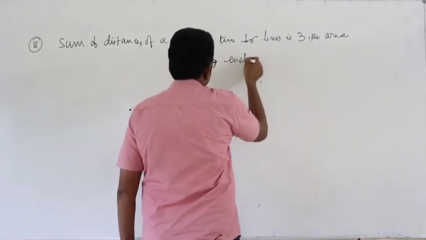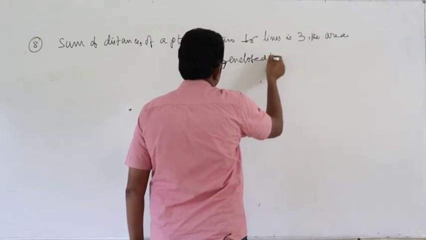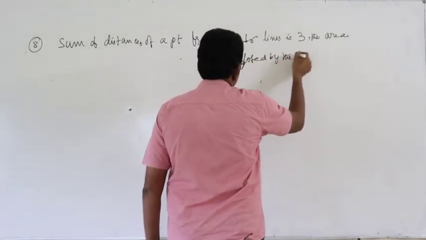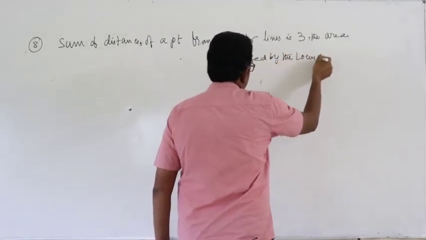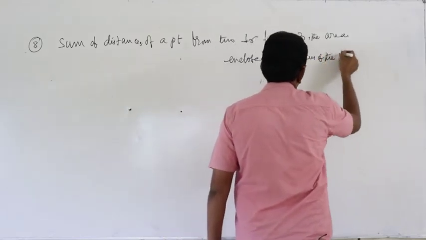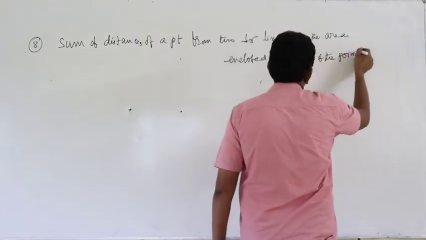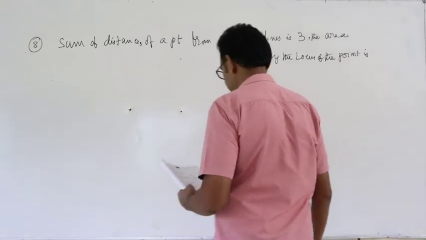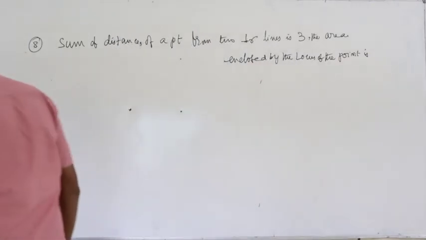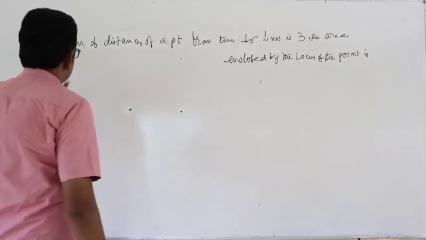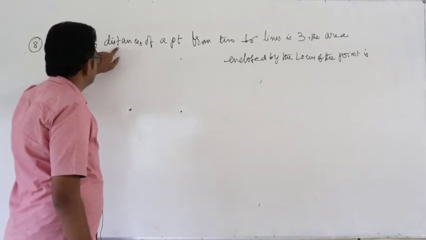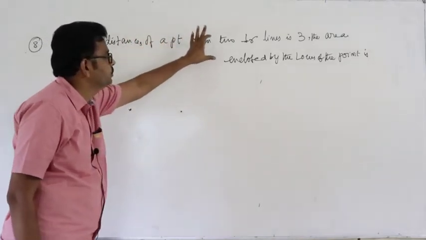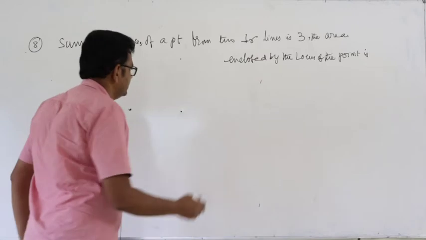The locus of the point is: the sum of the distances of a point from two perpendicular lines is 3.